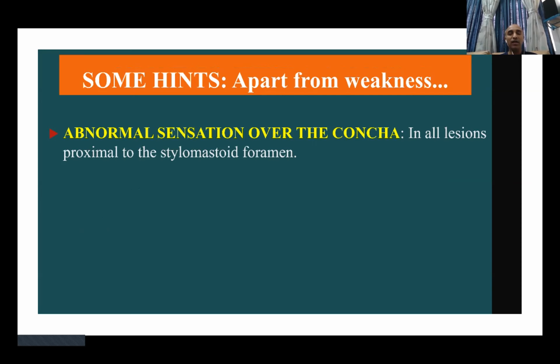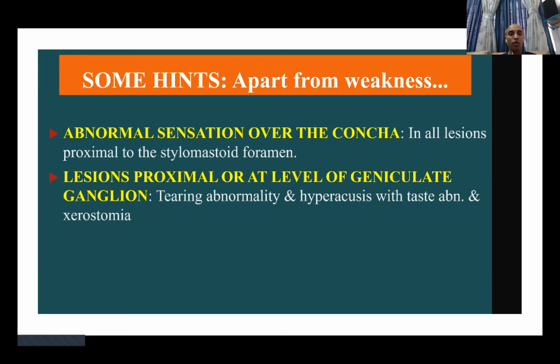Apart from the unilateral facial weakness that you see, you should also check for sensation over the concha. Now, concha is the hollow just behind the tragus of the ear. In all lesions of the facial nerve, you will see abnormality of the concha in some way or the other, because it is supplied by the seventh nerve. So the seventh nerve is also supplying the skin of the concha.